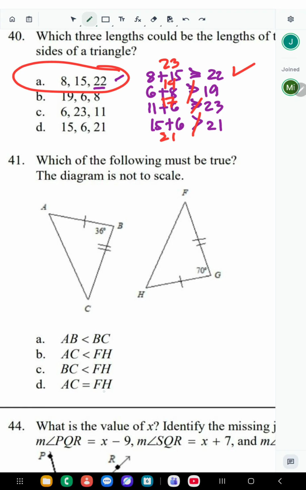Yeah, that's strange. Which one here? It says that this one, AB, is congruent to HG. Then BC is congruent to FG. So that means AC is congruent to FH. But they have different angles, see?